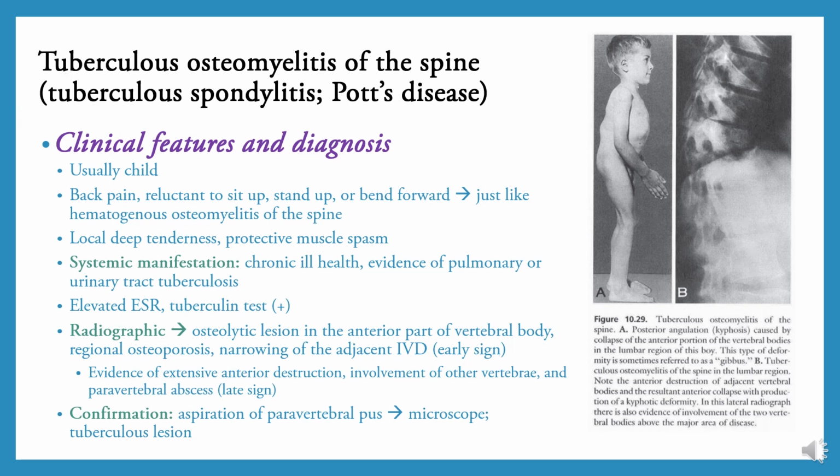For the systemic manifestation, there is chronic ill health, evidence of pulmonary or urinary tract tuberculosis, and also elevated ESR and positive tuberculin. In radiographic changes, there is evidence of extensive anterior destruction, involvement of the vertebrae, and paravertebral abscess. For confirmation, we could use aspiration of paravertebral pus.